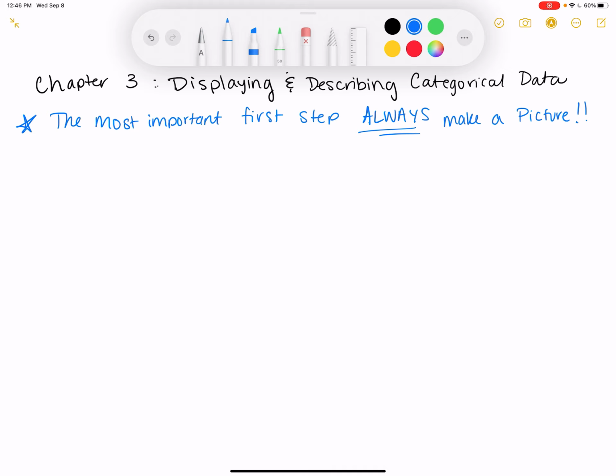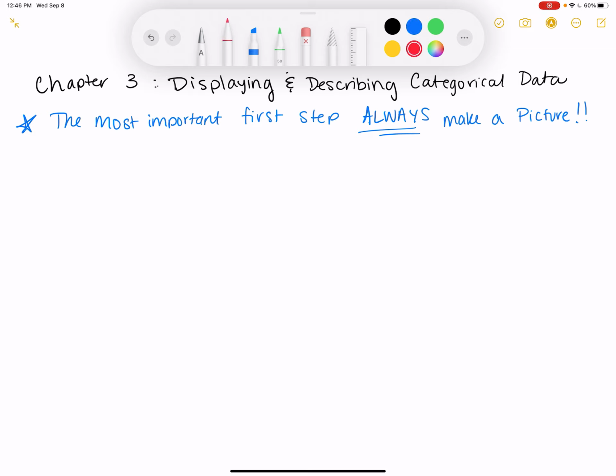Now I don't mean draw a little stick person eating their pie. I'm talking about drawing a table that you can visually see what's going on. It could be a pie chart, could be a table. We'll see a lot of different ways to make pictures, and it will help a lot. It's not something I'm going to take off for if you don't do it, but it's going to help you a lot.